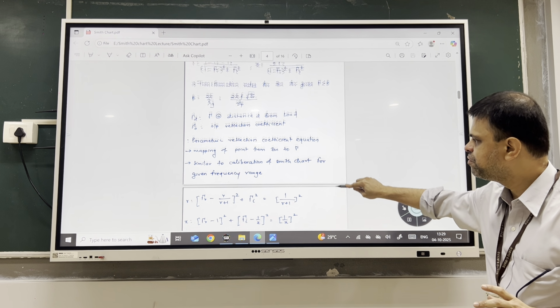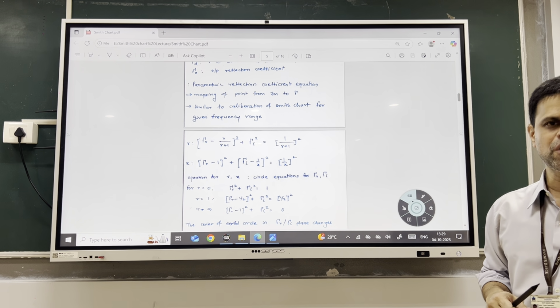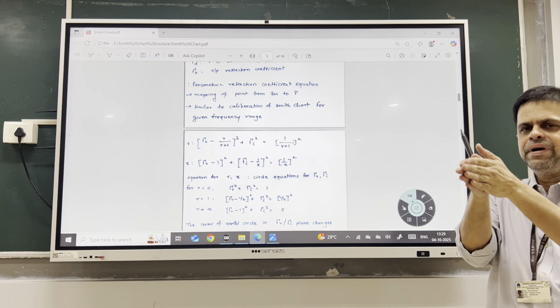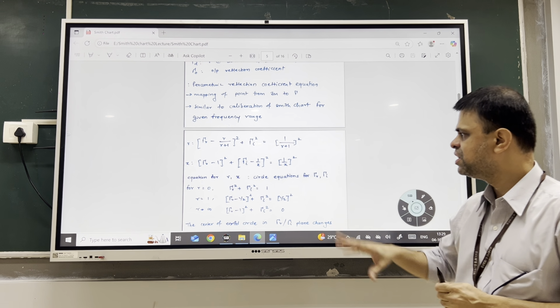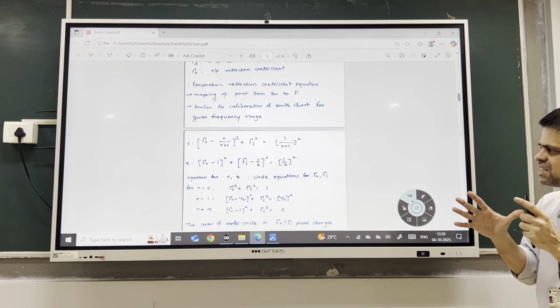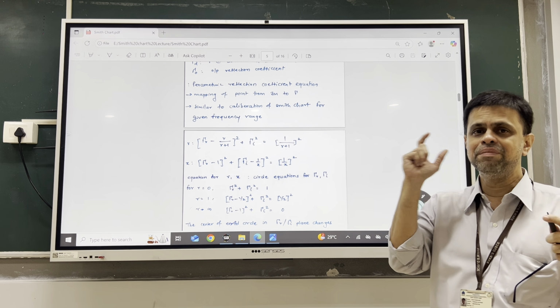These are the two equations which help you transform the entire impedance domain to the reflection coefficient domain. Now these equations are very similar to the equation of a circle. We'll understand them one by one.